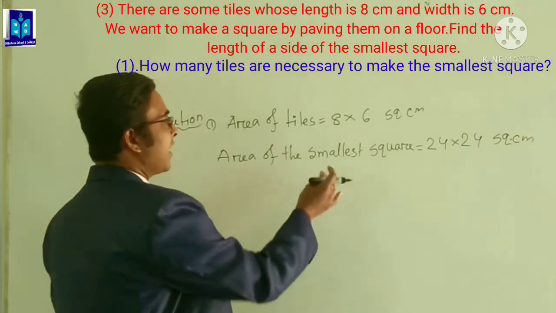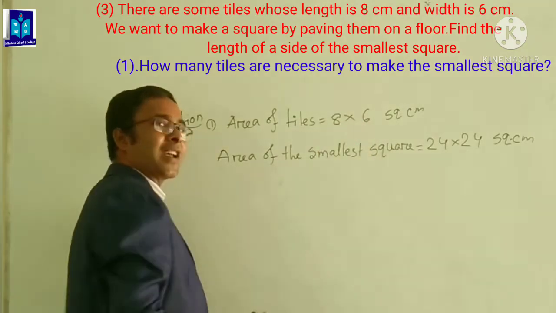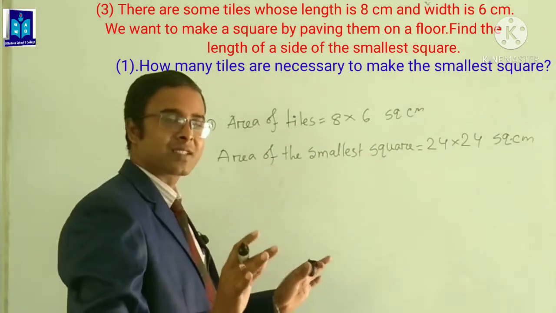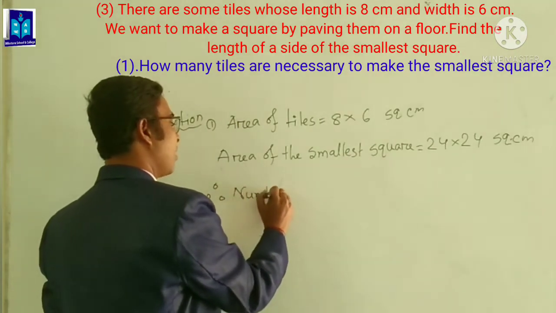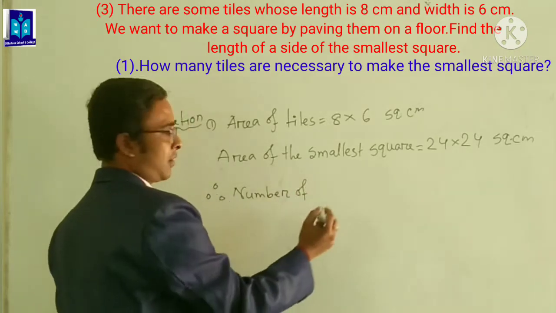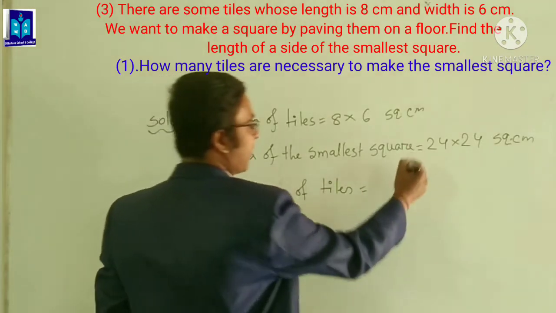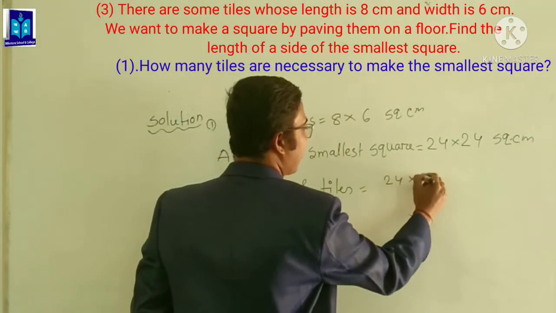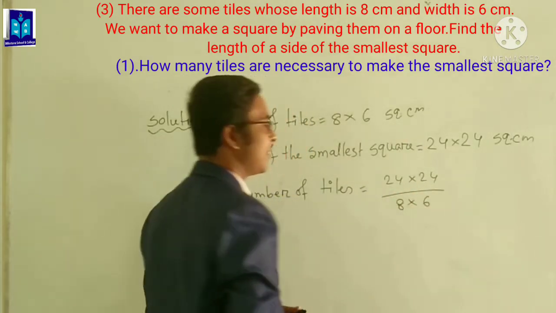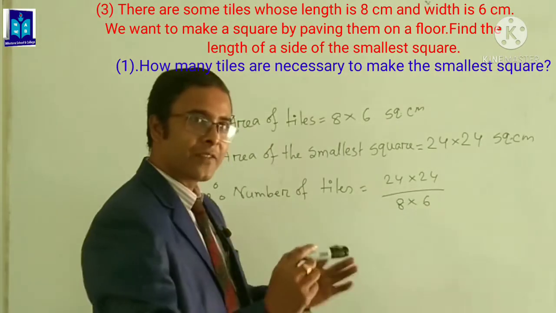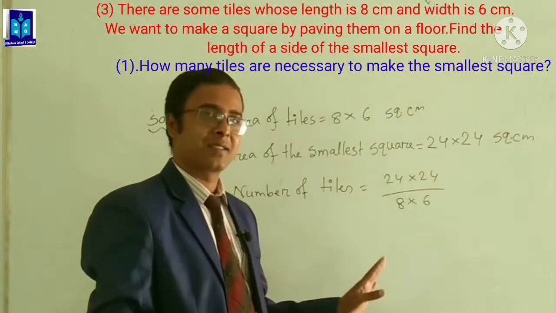Now if we divide area of this square by the area of tiles, we can get number of tiles. So we can write here number of tiles will be what? 24 multiply 24 by 8 multiply 6. That means we are dividing area of smallest square by area of tiles.